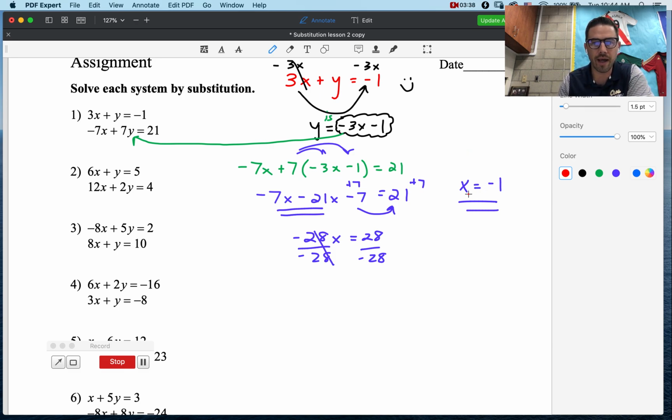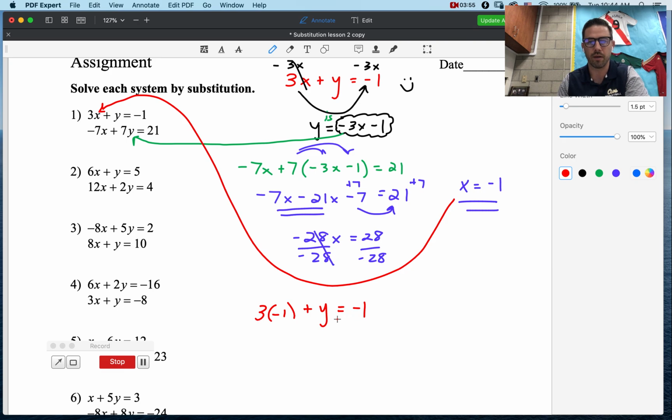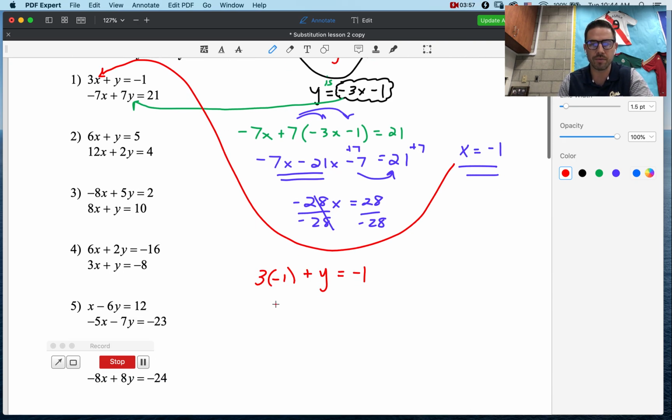Okay, so let's go ahead now and substitute this in for x. So we're going to say 3 times our x right there, which is -1. So we'll say 3 times -1 plus y equals -1. And we know 3 times -1 is -3.